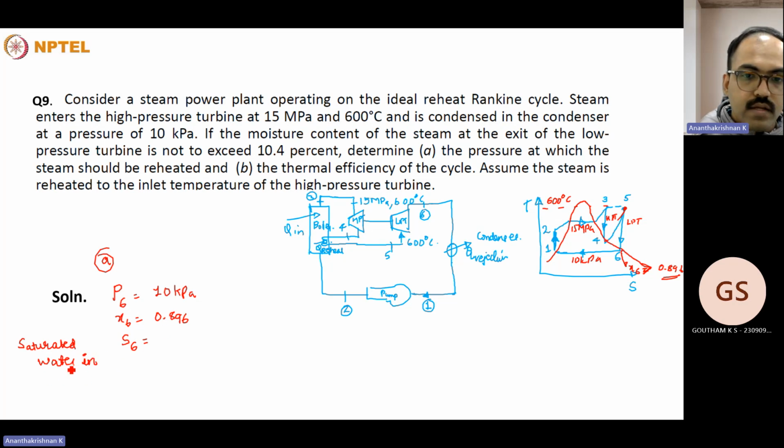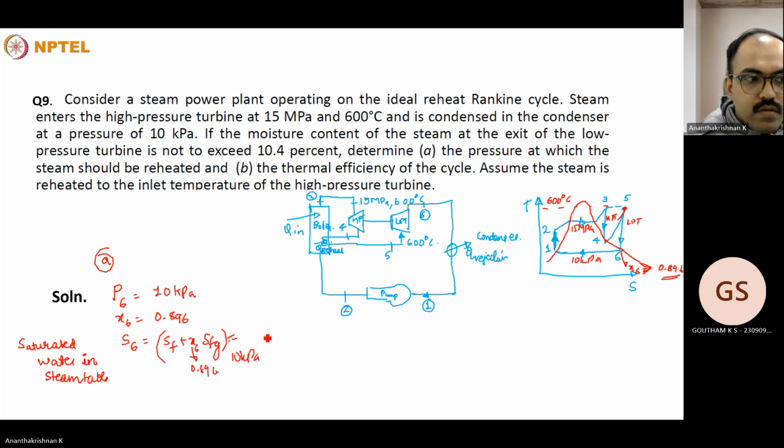We have to look for the entropy. So in the steam table that I'm using, H6 will be equal to HF plus X HFG at 10 kilopascal, which is 191.81 plus 0.896 multiplied by 2392.1. So the value will be equal to 2335 kilojoule per kilogram.